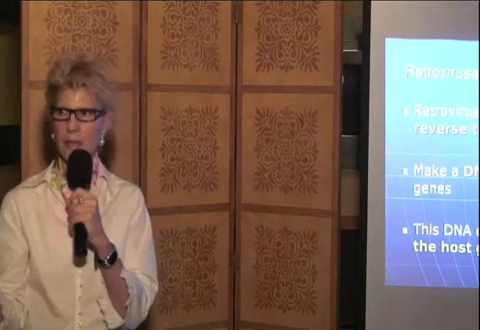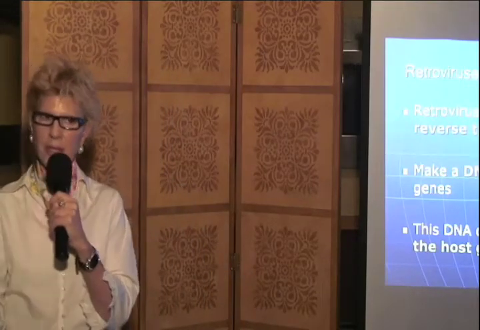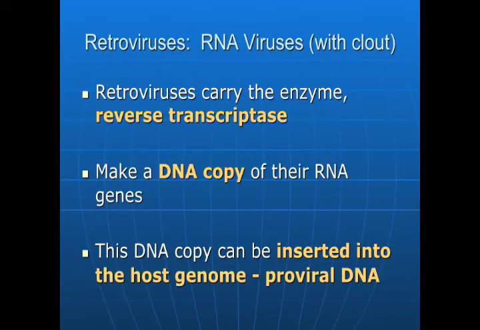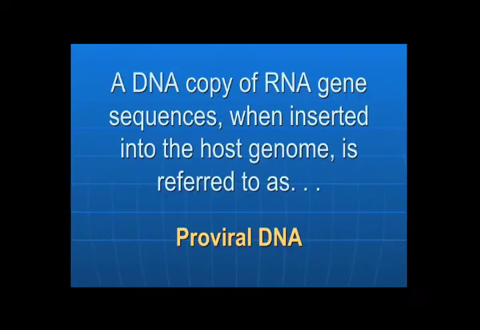But if you're an RNA retrovirus and you can make a DNA copy, you can get in the nucleus, you can get in the genome. When the DNA copy of the RNA gene sequences is inserted into the host genome, that is called proviral DNA. And I'm just saying it again, proviral DNA.